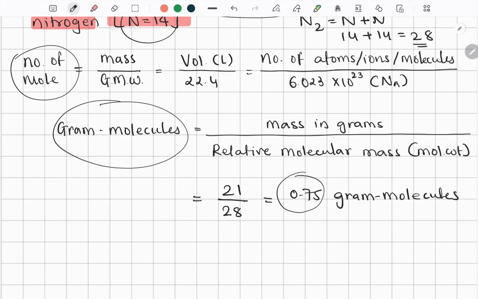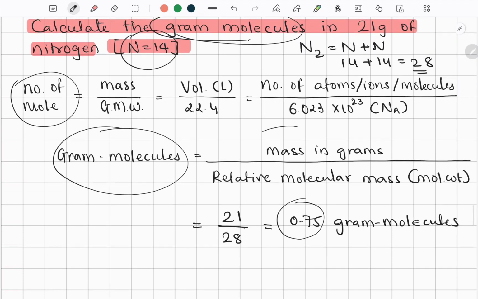Basically, the gram molecule refers to the mass in grams of 1 mole of molecules of a substance. Last time it was 1 mole of atoms of any element. This time it is 1 mole of molecules of a substance. It's numerically equal to the molecular weight.